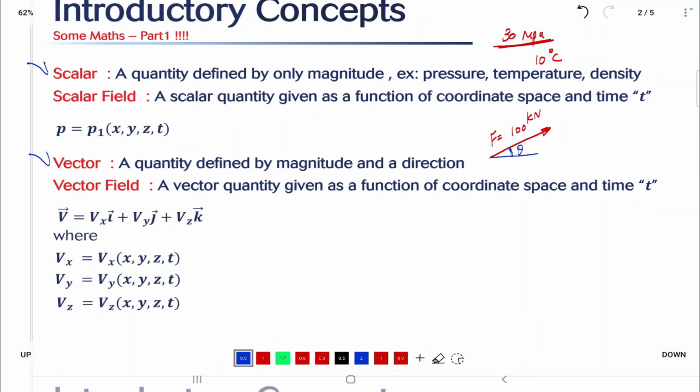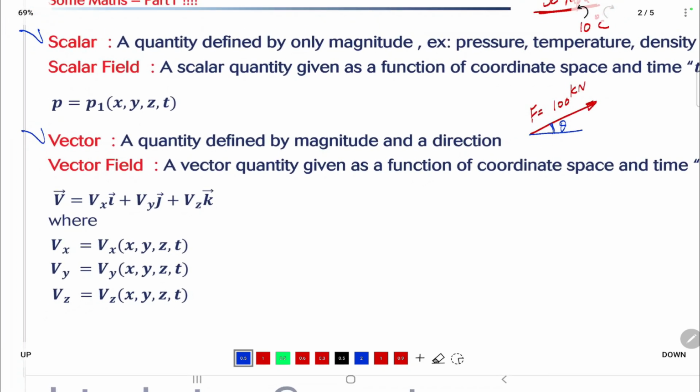Now, vectors. What's the meaning of vector? Vector is defined like this one. You see, here it is V. V is a vector. A vector is defined by a symbol, this letter V, with an arrow above. So this is the definition of vector. You see, I is also a vector.